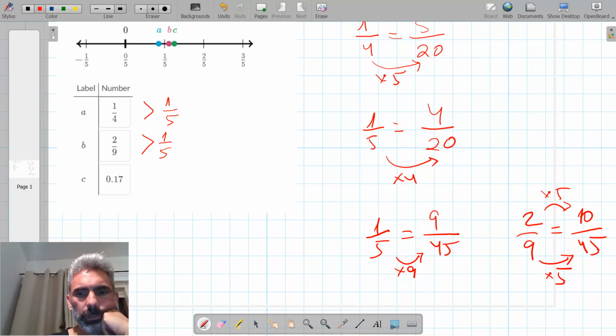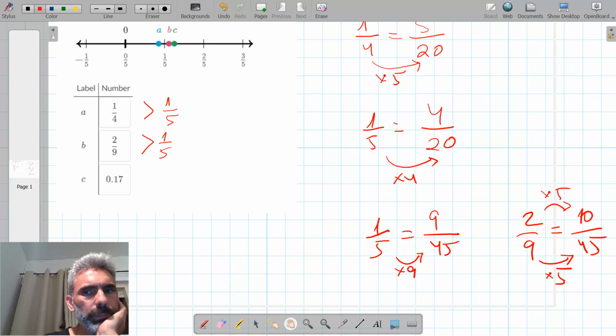Okay, and C. So it doesn't help me, because I have 2 points that are greater than 1/5.